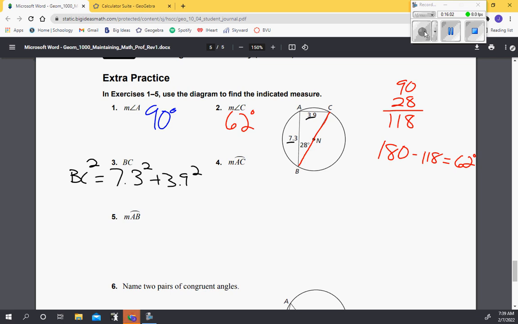I have one right here. 7.3 squared plus 3.9 squared, 68.5. Have to take the square root of 68.5, and we're going to get 8.3. So BC is roughly 8.3.